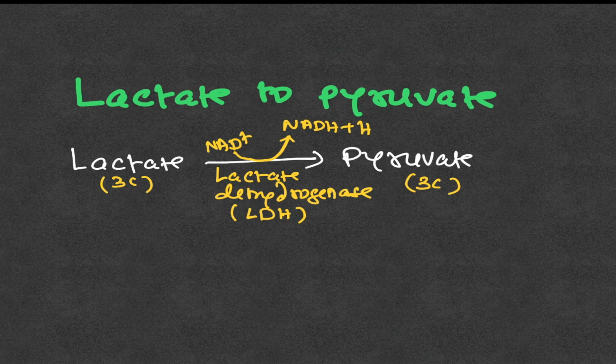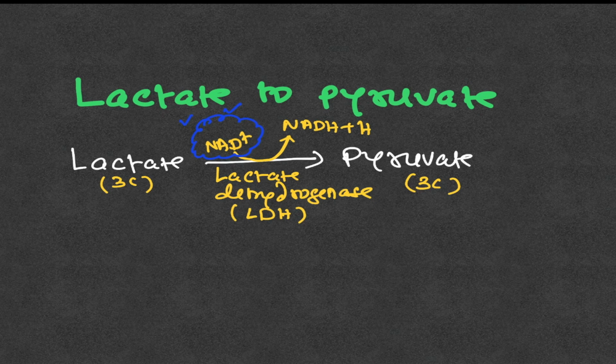To convert lactate into pyruvate, there is a need for NAD plus. You need to remember that; it is very important for gluconeogenesis in the liver. Without NAD plus, lactate dehydrogenase cannot work optimally, because it needs the oxidized molecule NAD plus to reduce into NADH plus H plus. That is when lactate is converted to pyruvate.